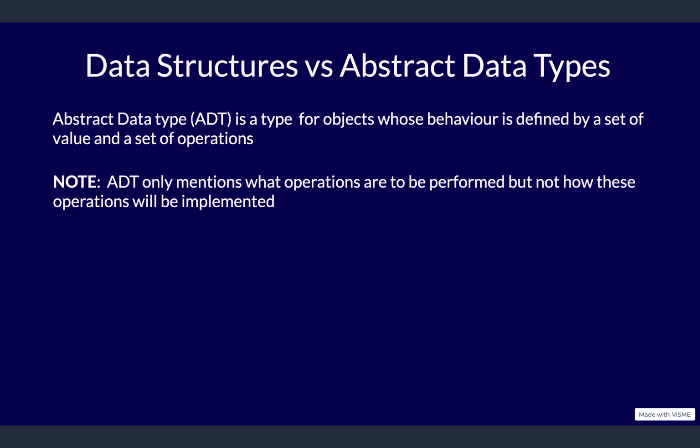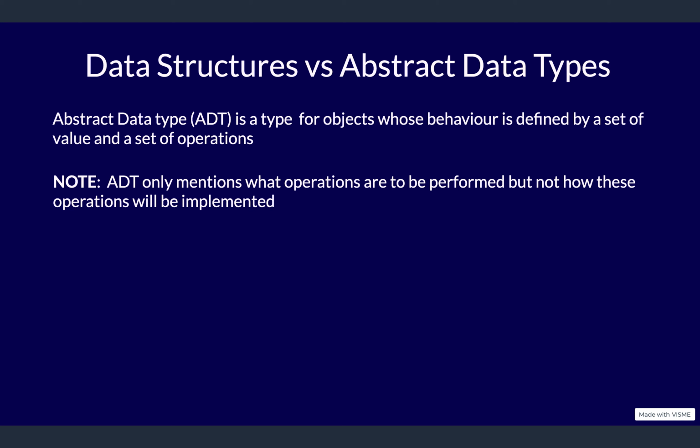The abstract data type is a type of object whose behavior is defined by a set of values and a set of operations. Note that the abstract data type only mentions what operations are to be performed, but not how those operations will be implemented.